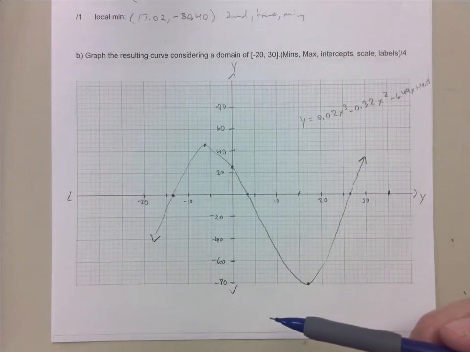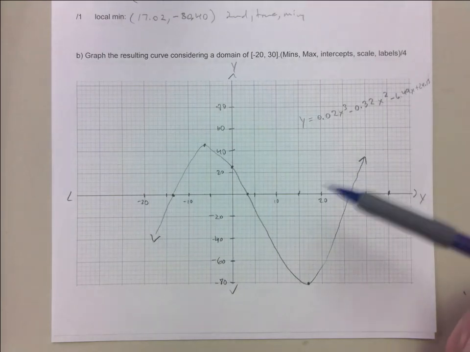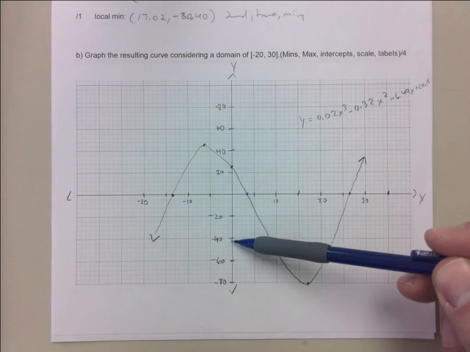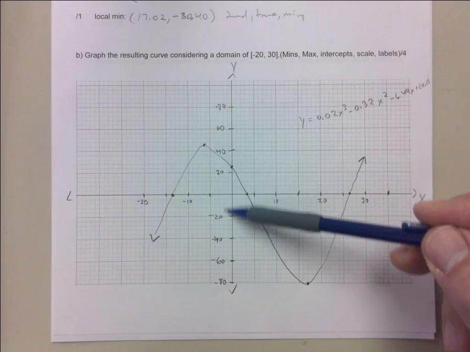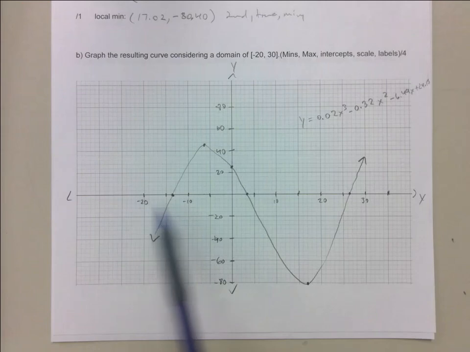I probably didn't do the greatest job on my scale for the y-axis, but it worked. I should have probably gone 50, 100, 150 maybe, but it's up to you. I don't care what you picked as long as it's consistent this way and it's consistent this way.